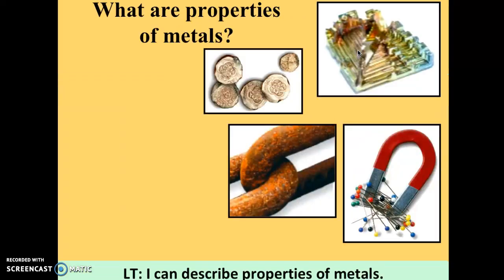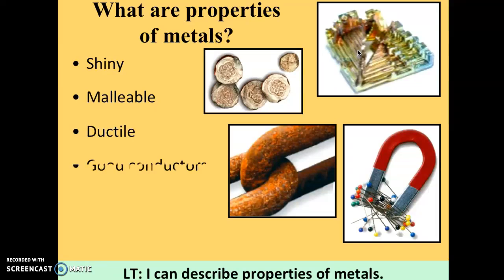So what are the properties of metals? So we know that usually they're shiny. We know they're malleable. In parentheses, you want to write in there that means pounded into shapes. Ductile, in parentheses, you want to write that means it can be pulled into wires. So again, in parentheses, pulled into wires. They are good conductors.